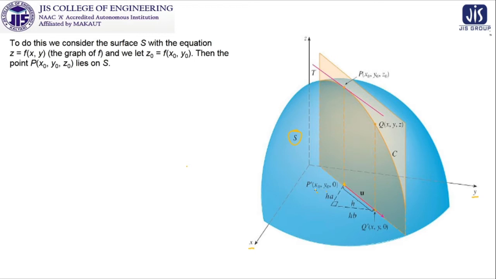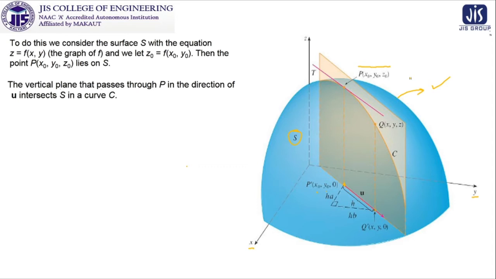When we consider the corresponding functional value, x0, y0 substituted in f, we will get this point P whose coordinates are (x0, y0, z0), and obviously it will be lying on S, that means this surface, because we calculated this z0 by putting x0, y0 in z equal to f of (x, y).